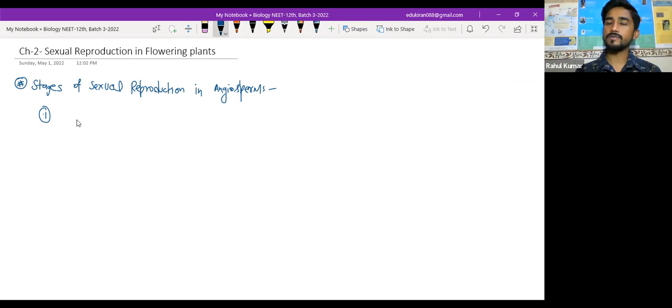So plants also make two different types of gametes or sex cells, which need to fuse during the process of fertilization. The actual biology remains similar, but how that biology is achieved is very different in plants and animals. If you understand the concept, it's going to be the same.